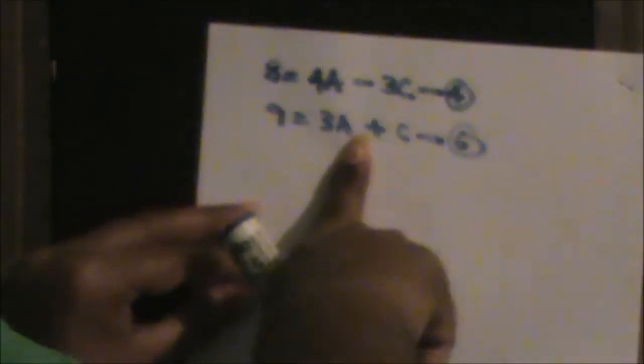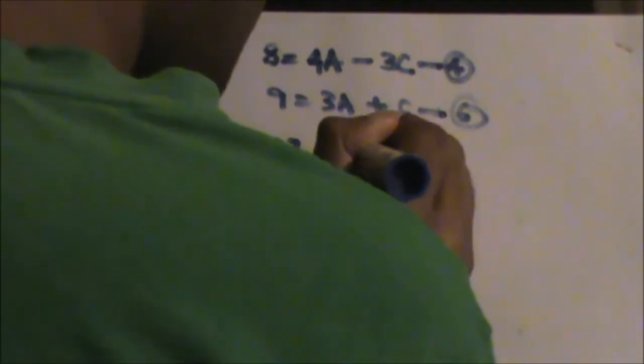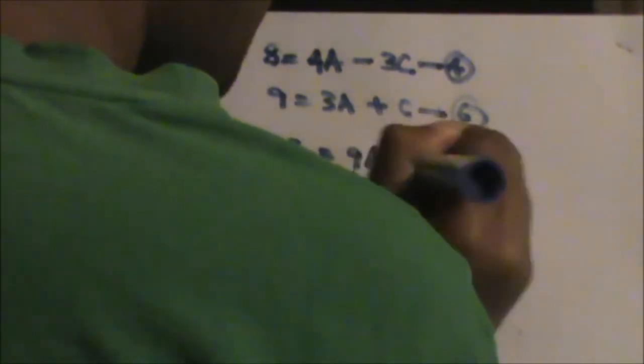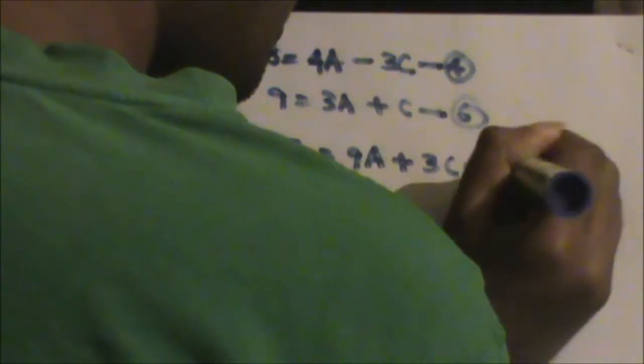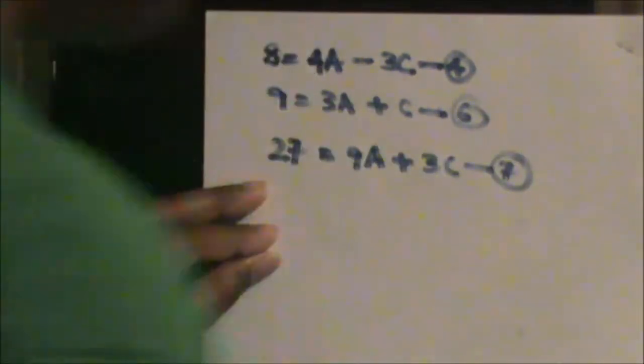I can easily find the value of A by multiplying this one by 3 and adding these two up. So that will be 27 equals 9A plus 3C, which is equation 7.